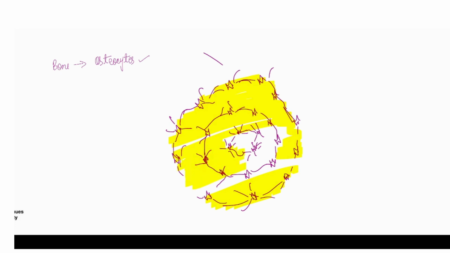This is actually the lacuna. The matrix of the bone is known as the lacuna. So these are the cells, osteocytes, and this matrix is known as the lacuna.